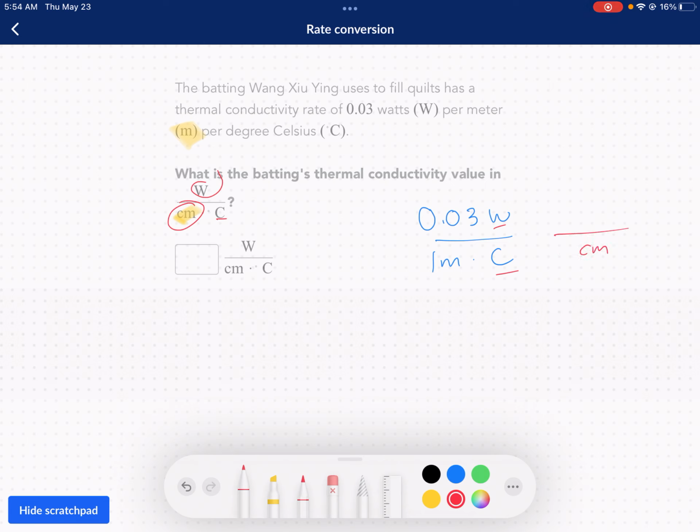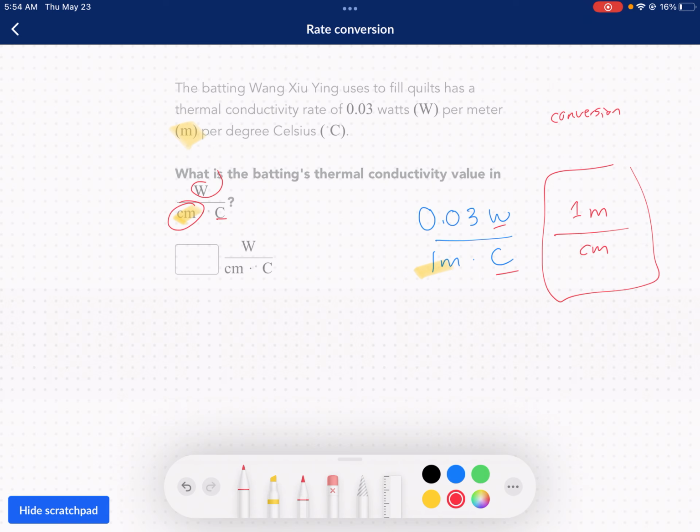Okay, problem is you can't just put centimeters in the bottom because you have to get rid of the meters. Okay, we don't want meters anymore, so we're going to put meters in the top also to cancel out. Okay, when you do that, you have to have a proper conversion. So this needs to be a conversion right here. So I need to know for every 1 meter, how many centimeters do I have?